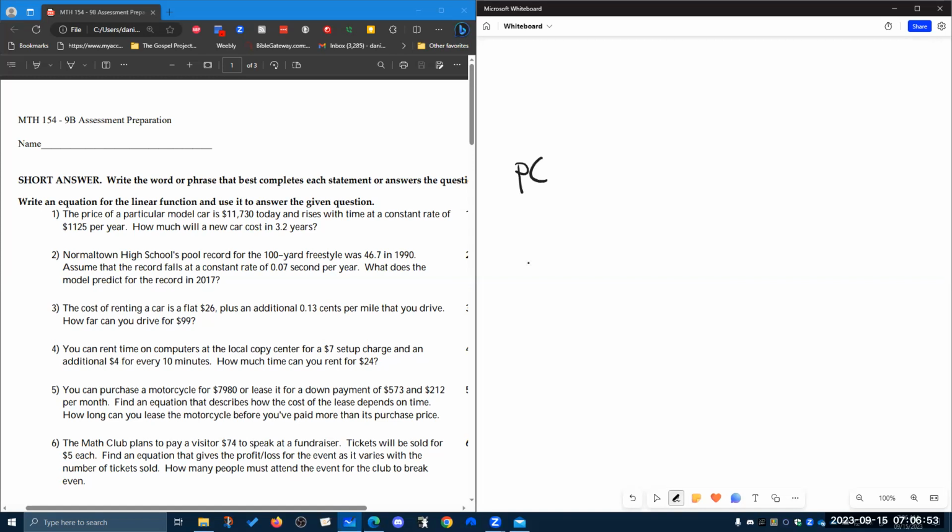I'll call that P of T, since time is what's changing. And today the price is $11,730. Let's go ahead and put that in for readability.